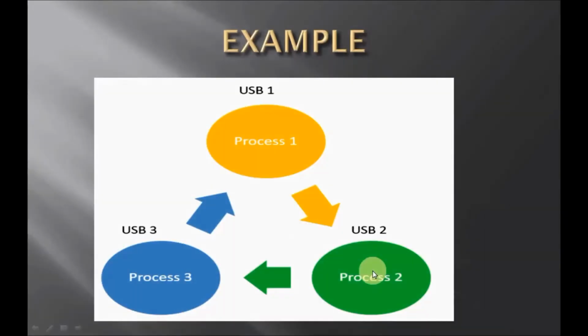For example, you can see here, process 2 is waiting for the resource from process 1. In the same way, process 3 is waiting for the resource from process 2. In the same way, process 1 is waiting for the resource from process 3. Here, these processes can't continue their operation. Why? For process 1 to continue its operation, it needs a resource from process 3.